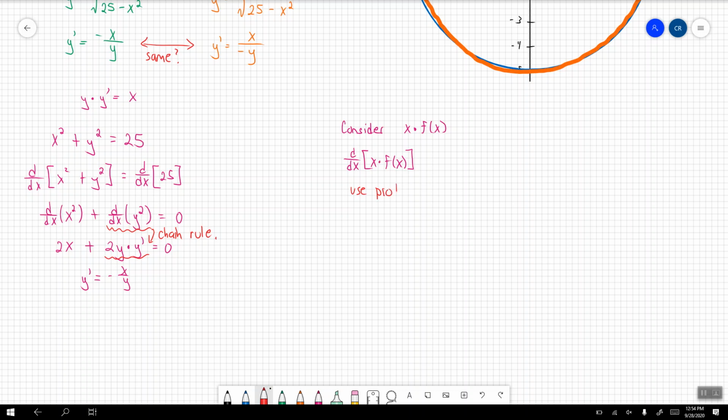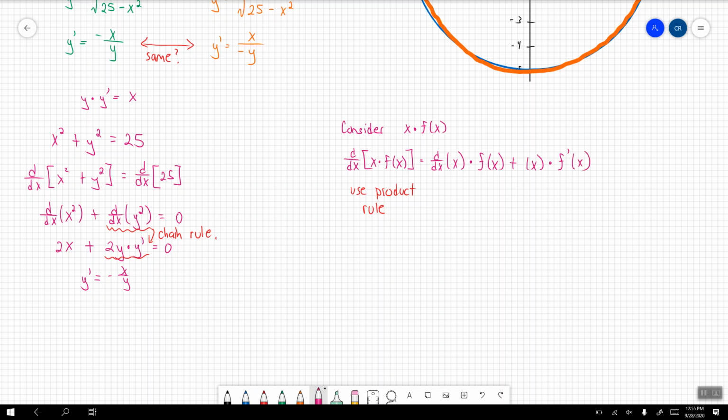I'm just outlining that I want to use the product rule, because we have two different functions: one is x and the other is f of x. Because we don't know what f of x is, we just need to account for what its derivative will be. So when we use the product rule, we take the derivative of the first function, multiply it by the second function, and add it to the first function multiplied by the derivative of the second function.